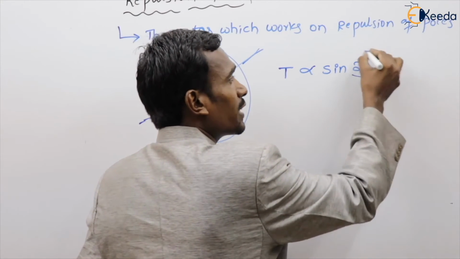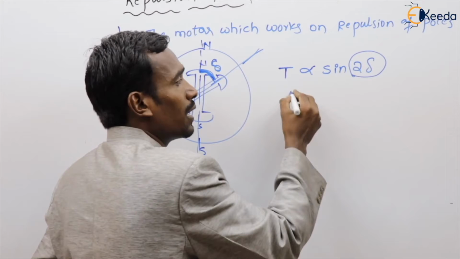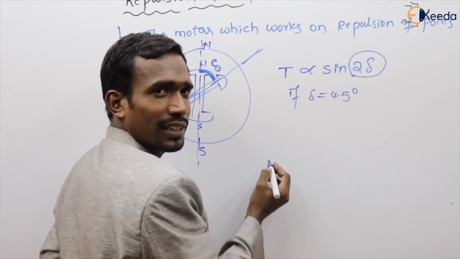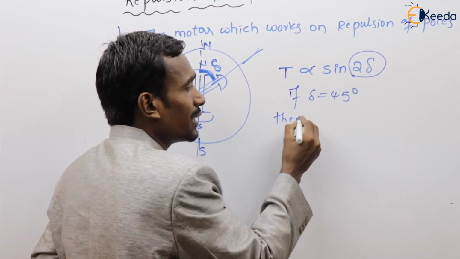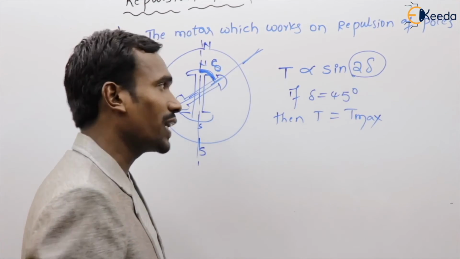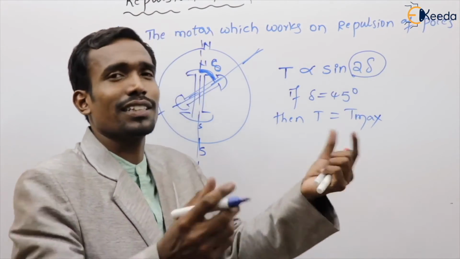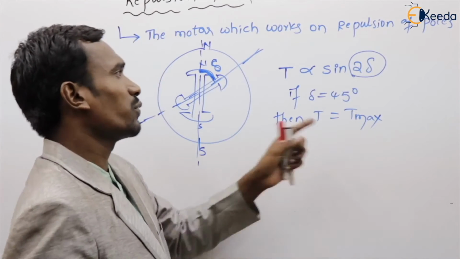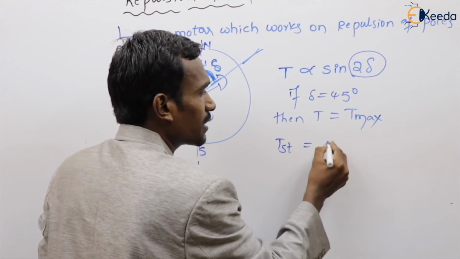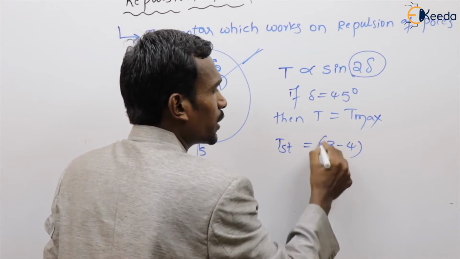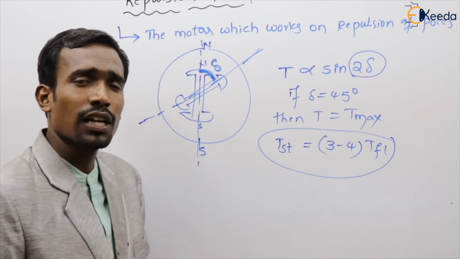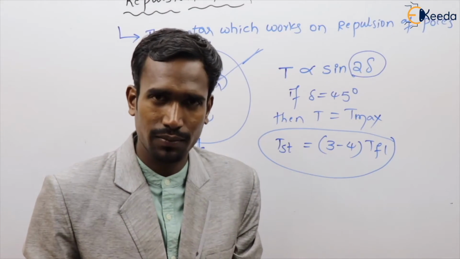If delta is exactly equal to 45 degrees, then the torque is maximum. This is very important. In this machine, the starting torque is 3 to 4 times the full load torque.